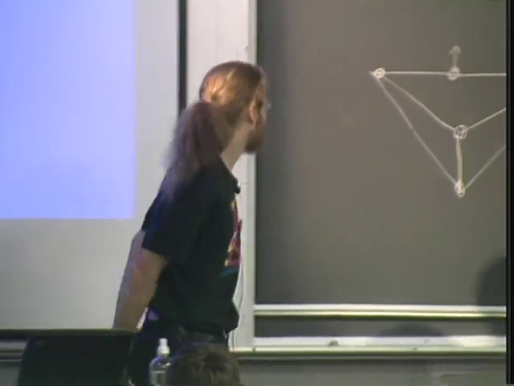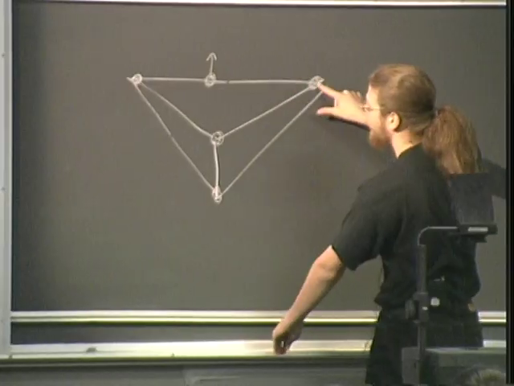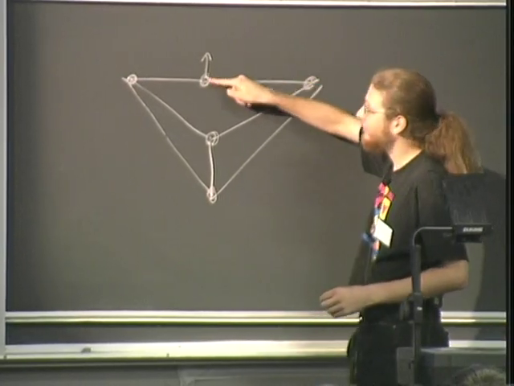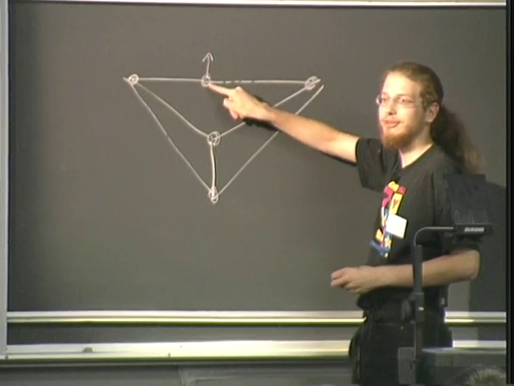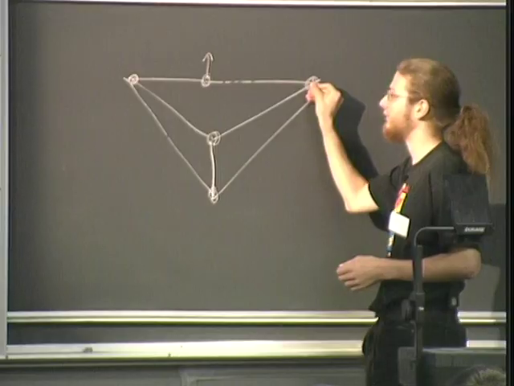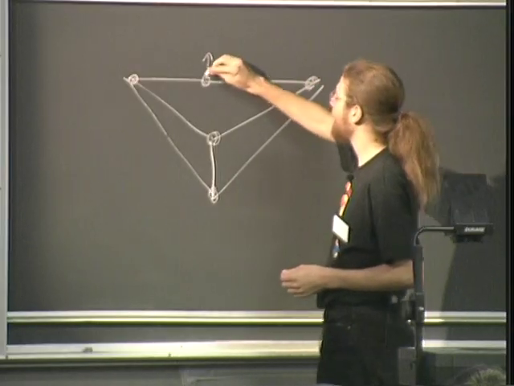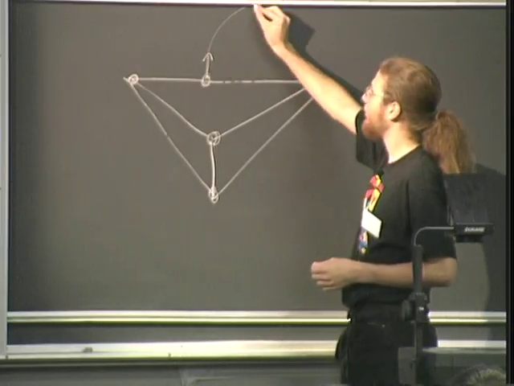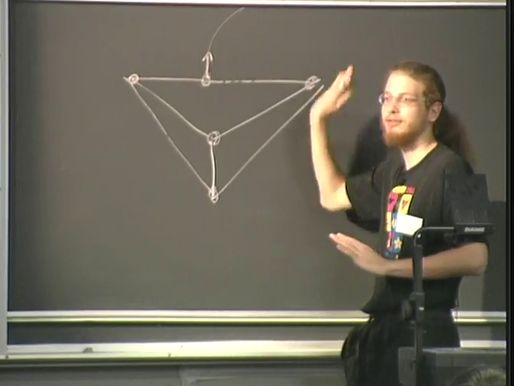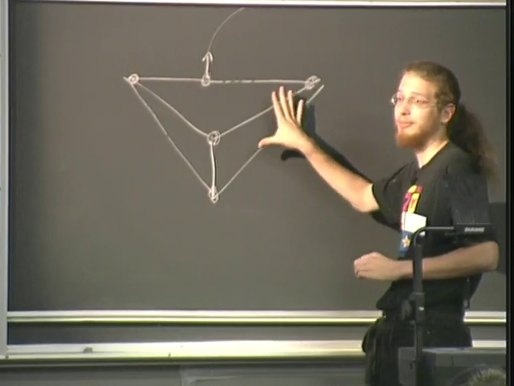So what's flexible about it? It's infinitesimally flexible. If you look at the change in this edge length in projection, this vector is 0. And so this edge length is staying the same, even though this guy's moving and this guy isn't. So you can infinitesimally think of this as you're rotating around this circle. And to the first order, you're just going straight up. And so locally, everything looks great. So this is infinitesimally flexible.